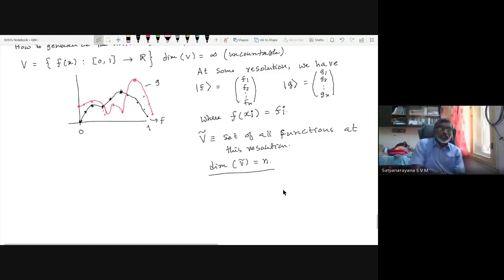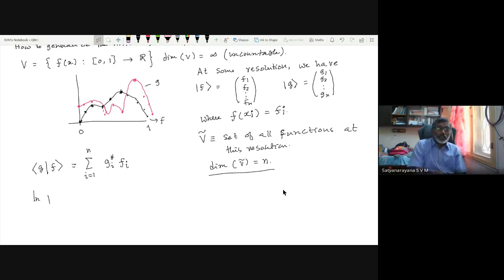Now you ask a question: what is this g and f? That is the inner product between these two, which is well known, and we know that it is equal to the sum over i equal to 1 to n of gi star into fi. This is a scalar, a complex number.